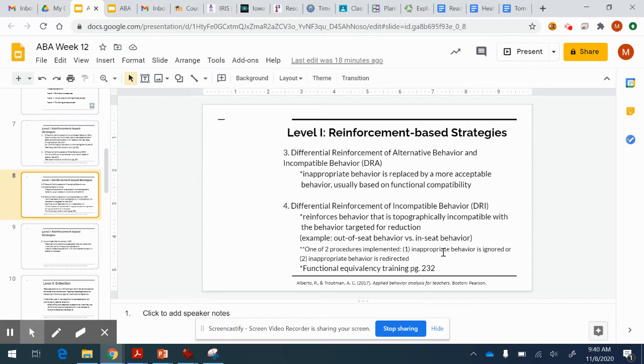So when we talk about that DRI, one of two procedures has to be implemented. You have to make sure that the inappropriate behavior is either ignored or the inappropriate behavior is redirected. On page 232 of your text, it talks about functional equivalency training.